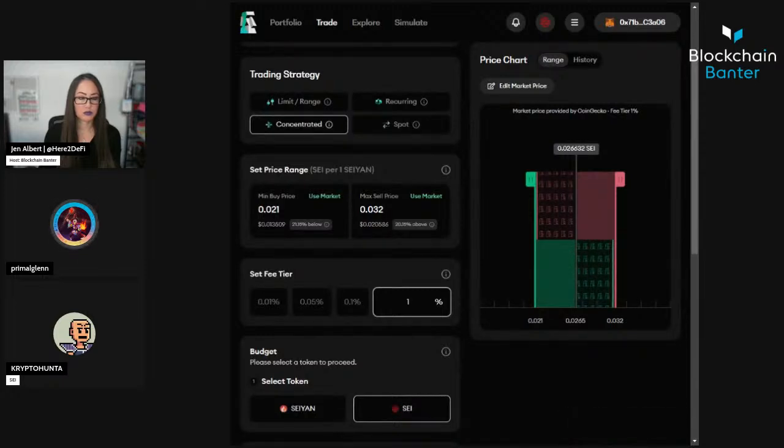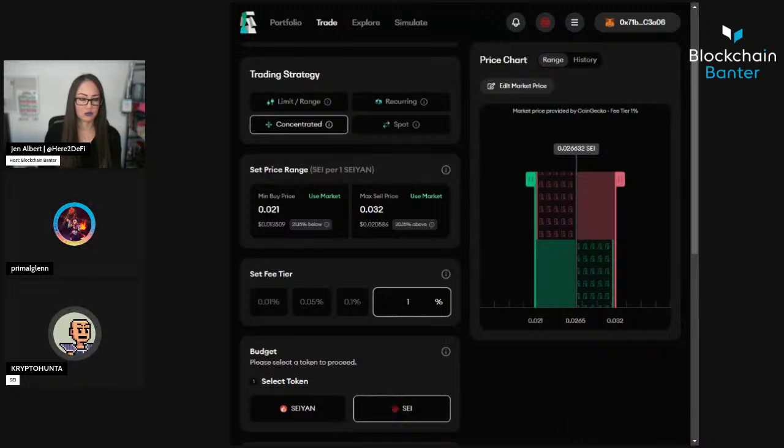This way, you're also hedging to a certain extent. You have some backup liquidity, such that when your super concentrated liquidity position is out of range, your wider concentrated liquidity position is still in range. So you can also do this. Yeah, I get you.